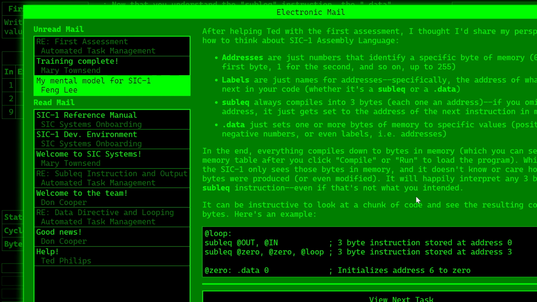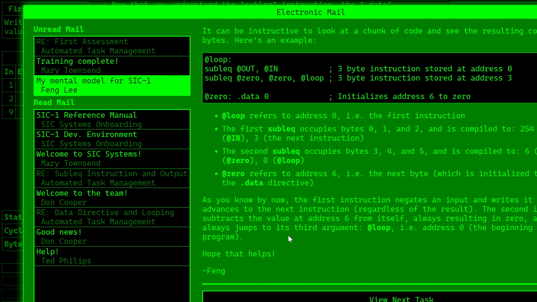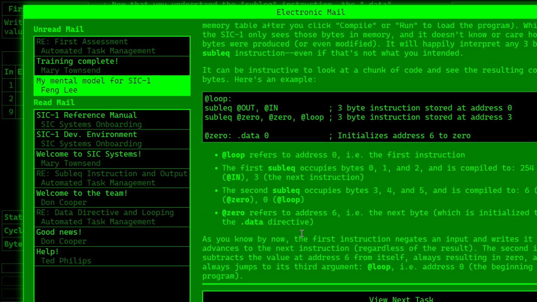I believe in was before out. So in should be 253 and out should be 254. So this should be 254, 253, 3 is what that should decode to, right? 254, 253, 3. Yeah, okay.